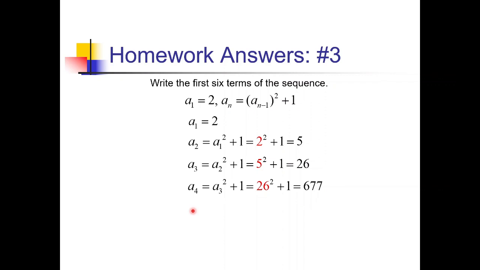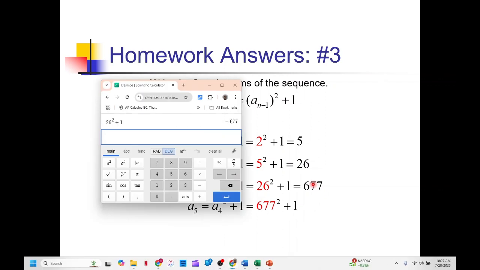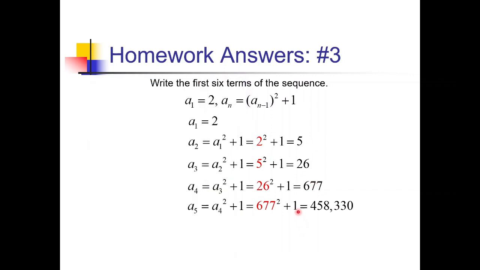Next up, a sub 5, we've got a sub 4 squared plus 1, so 677 squared plus 1. 677, square that, add 1, comes out to 458,330 even there. And then finally, a sub 6, we've got a sub 5 squared plus 1, so this is ridiculous.